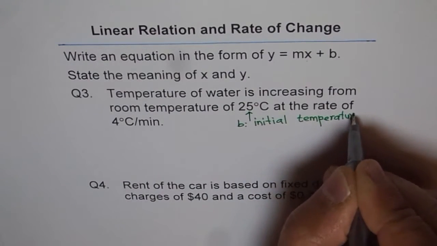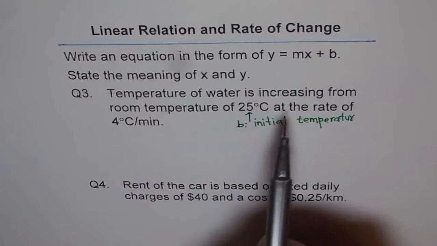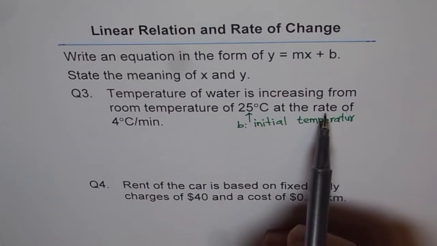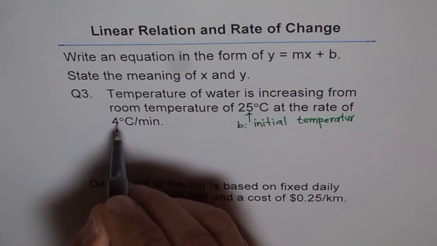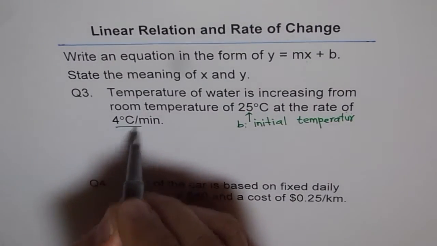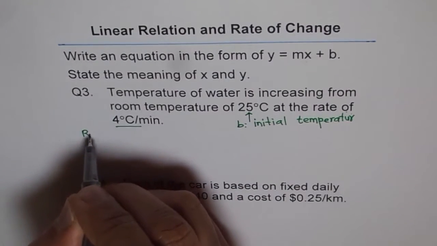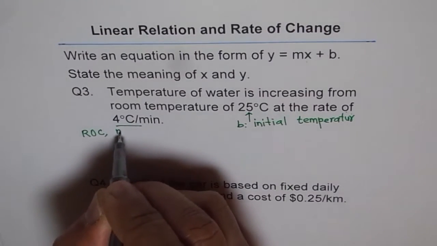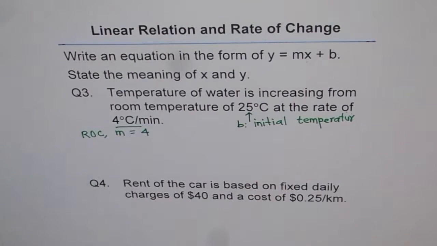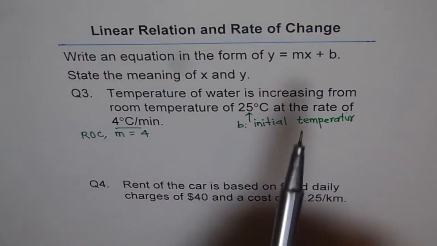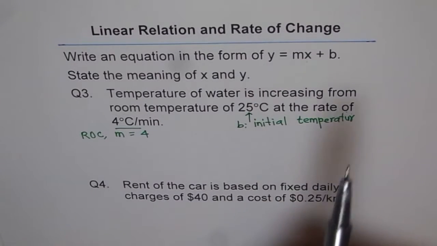Correct? And it is increasing at the rate of, so it is already written, rate of 4 degrees centigrade per minute, right? So that becomes slope m. So rate of change, which is the same as slope m, is 4 for us. Do you get it? Now the other thing is, what is dependent on what and what is independent?